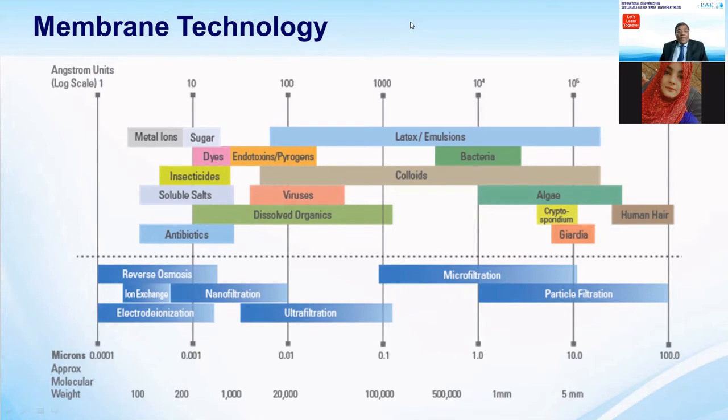You will see the metal ions are removed by RO on the first left side, then for sugar we can have nanofiltration, and when molecular size increases up to virus, you see it is overlapping with the nano and ultrafiltration membranes. It means that, as per the spectrum, ultrafiltration membranes remove 100% of viruses and dissolved organics. This is the spectrum which you can review for the selection of the membranes.